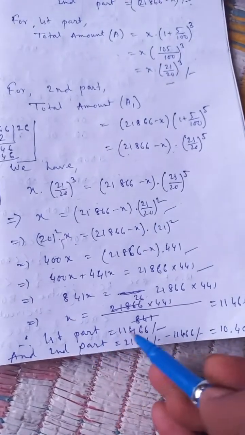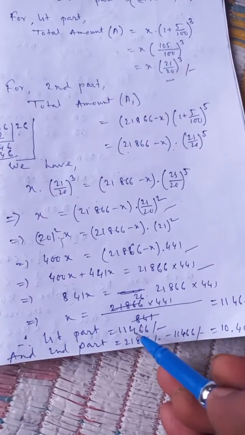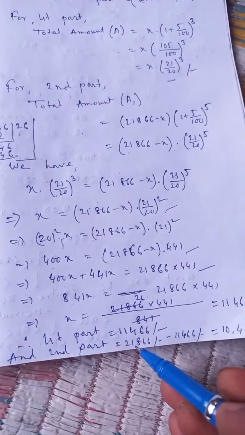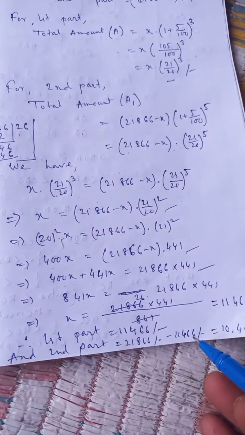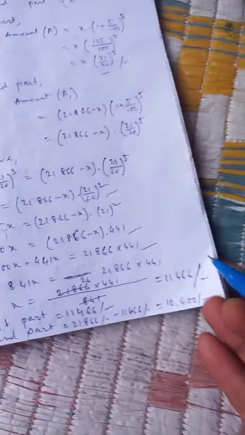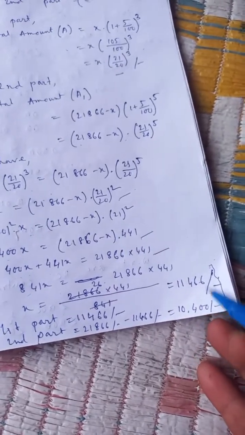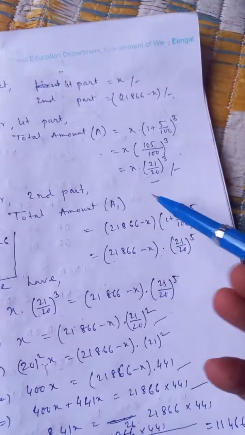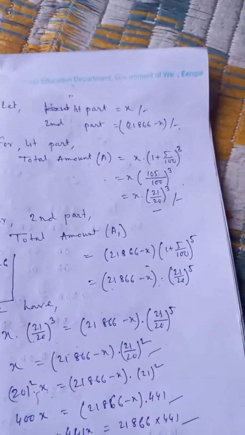So the first part is 11,466, and the second part is 21,866 minus 11,466, equal to 10,400. In this way, the amount 21,866 can be divided so that these conditions are satisfied. So this is the way we can solve it.